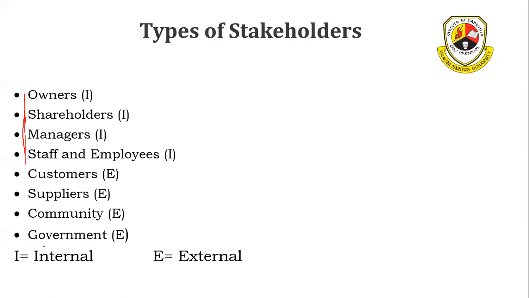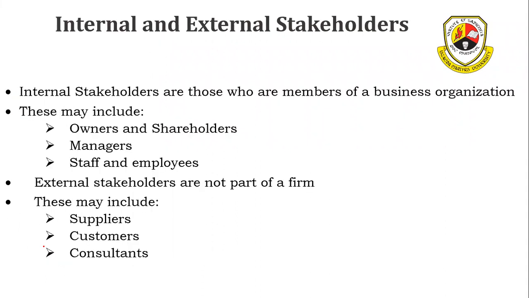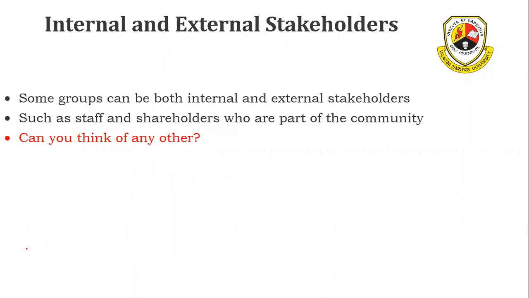You saw the directives of the president once COVID-19 hit, everything stops, and that automatically affects any organization. So government is an external stakeholder. So let's look at this in detail, each of these stakeholders. This particular slide simply emphasizes that we have internal and external stakeholders.